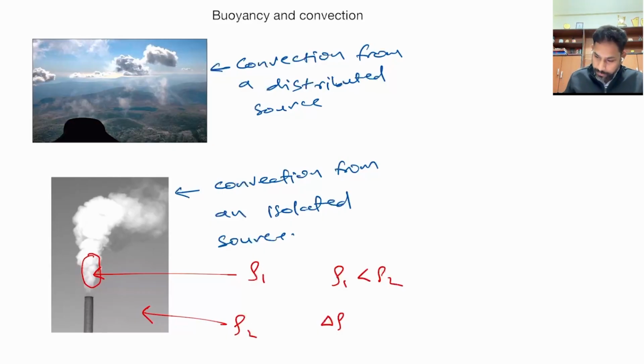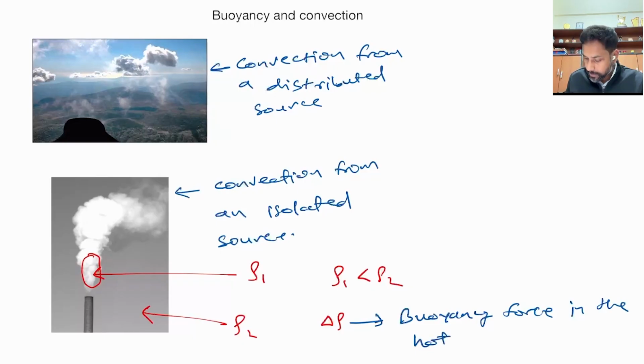Okay, so this creates buoyancy force in the hot fluid if rho 1 is smaller than rho 2, right? And that is why it tries to rise upward. Same case is happening in the previous case. Here, the convection that you see is rising up.